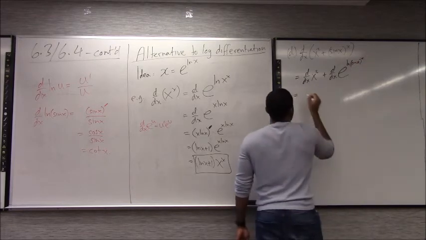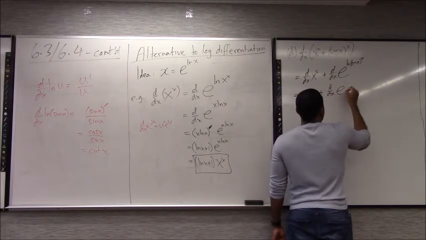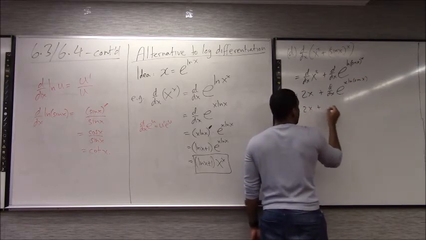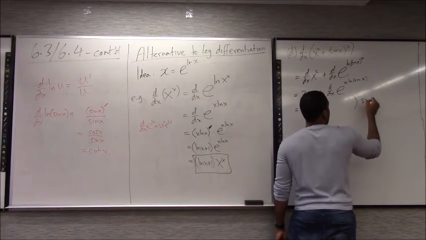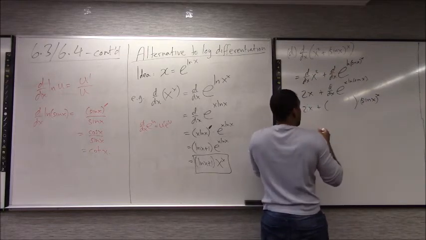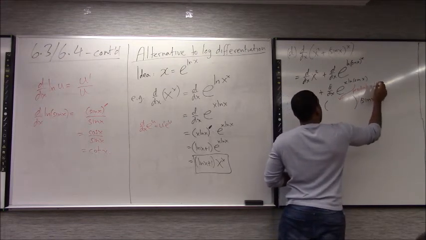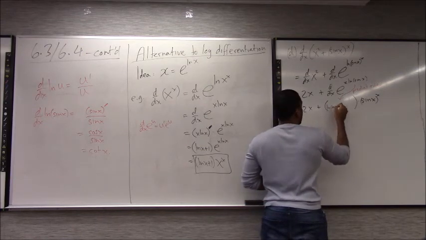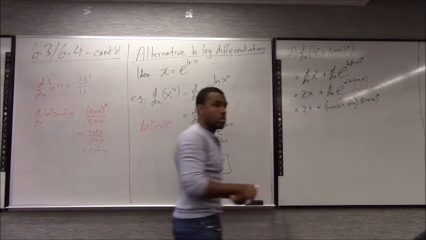This here is 2x plus the derivative of e to the x ln sine x is equal to 2x plus, and now you differentiate the power and multiply by the original function. And to differentiate the power now, you do the product rule and put it in here. That's going to be ln of sine x plus x times cotangent x. Okay.